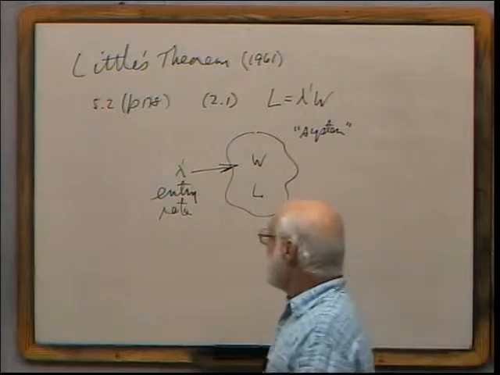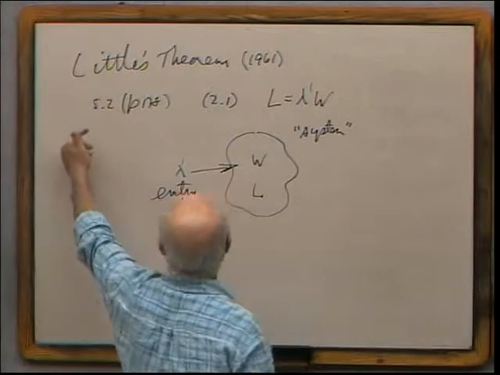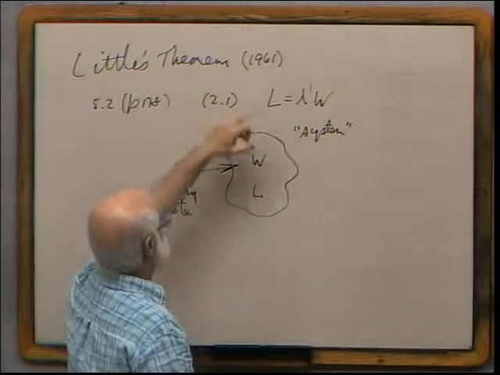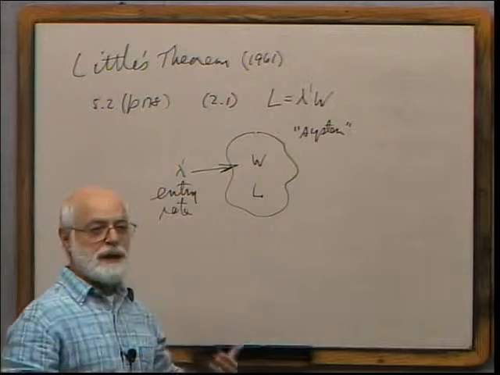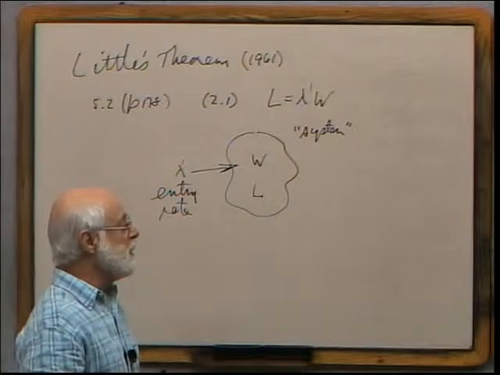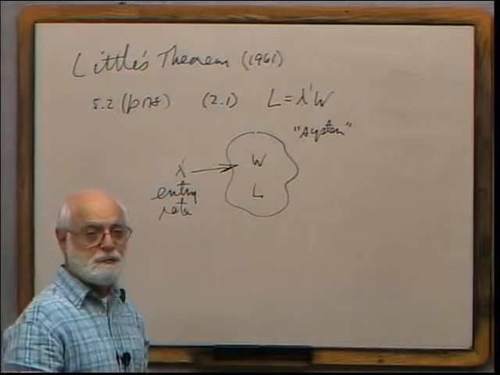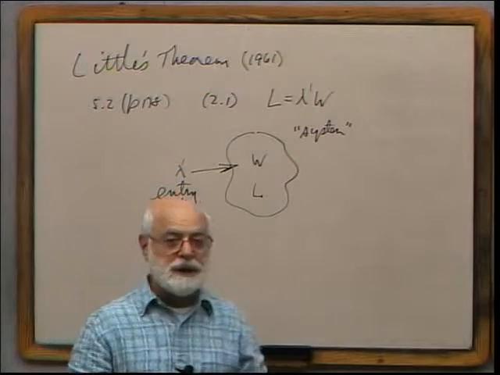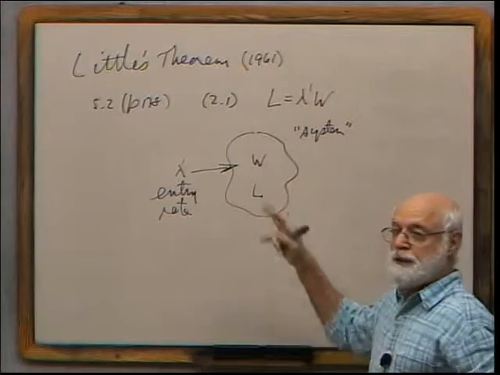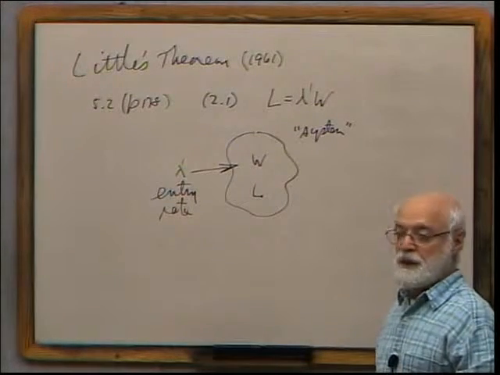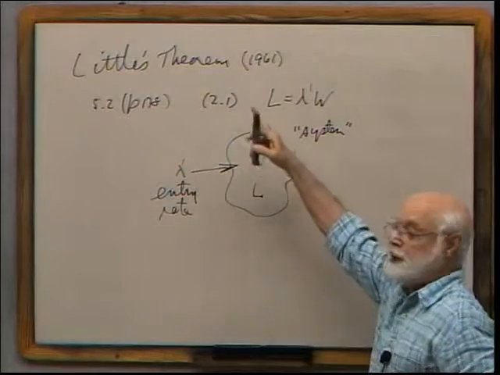Now, Little's original proof was quite difficult and made some assumptions that turn out to be not necessary. And over the years, this has been refined and generalized over and over again. In fact, there are many, many papers now that have to do with Little's theorem and its consequences. If you were to Google Little's theorem, I'm sure you'd find them.